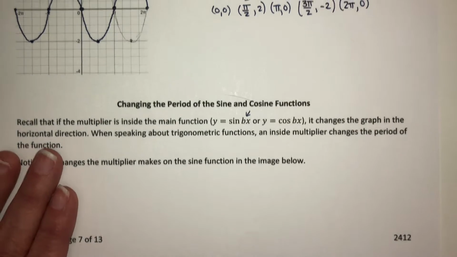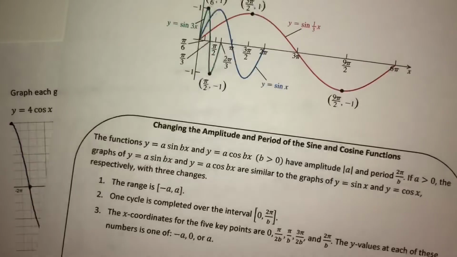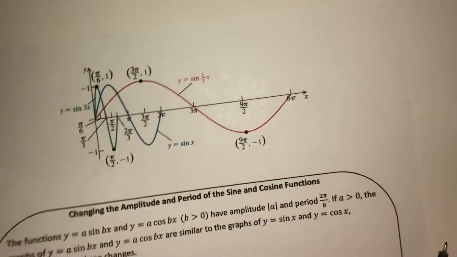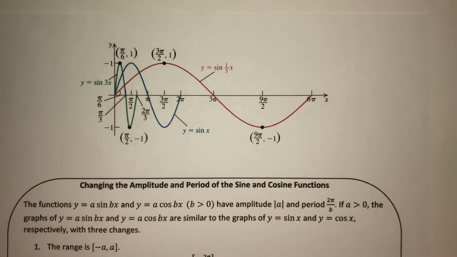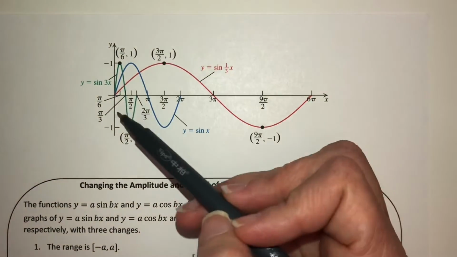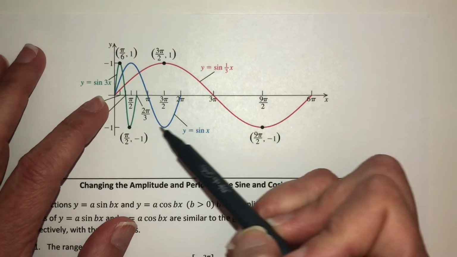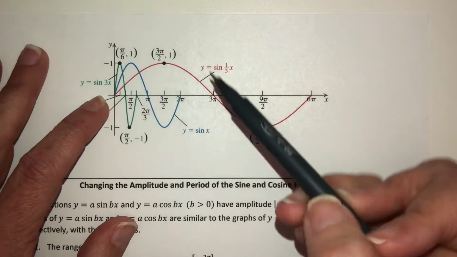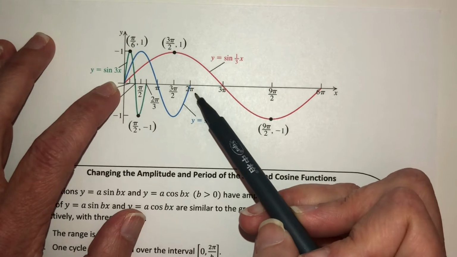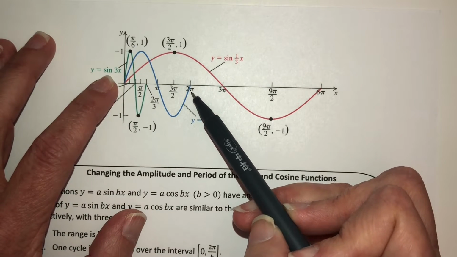Okay? So if we look at just a comparison of some of these values, here the blue line is sine, and its cycle is completed in 2 pi.